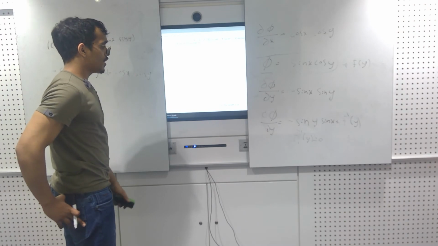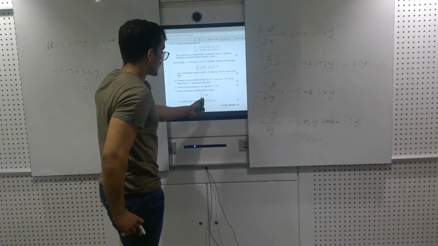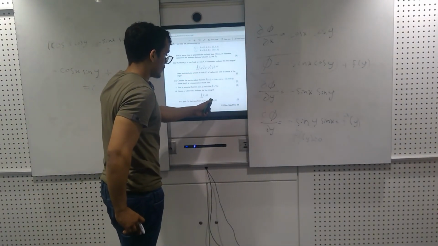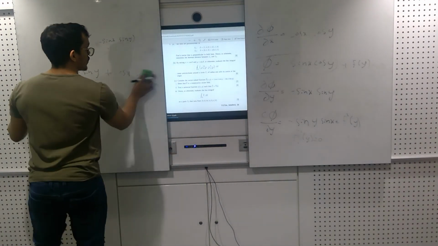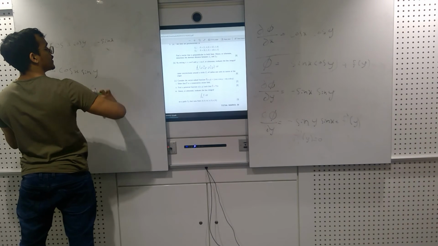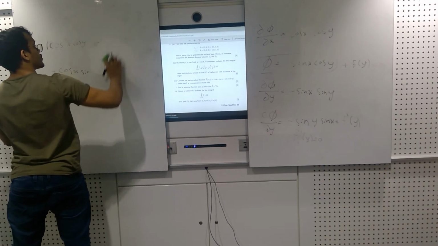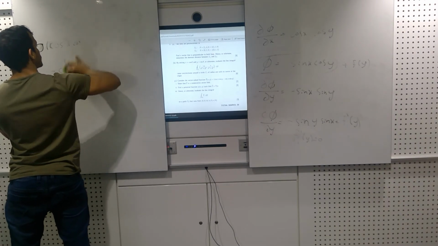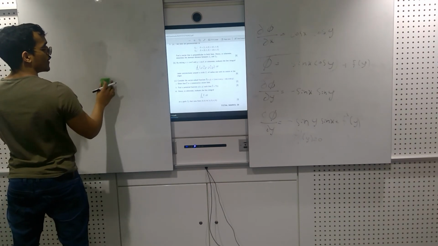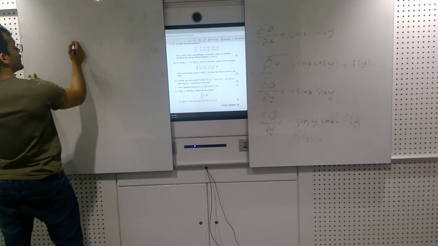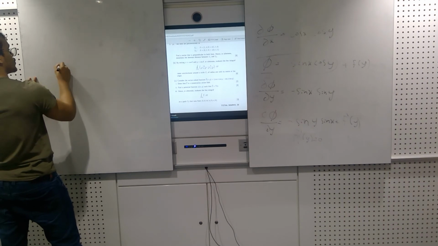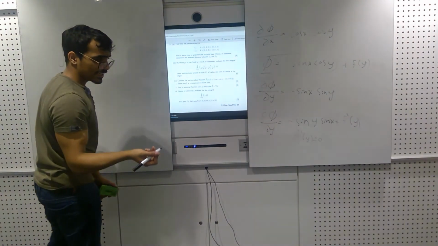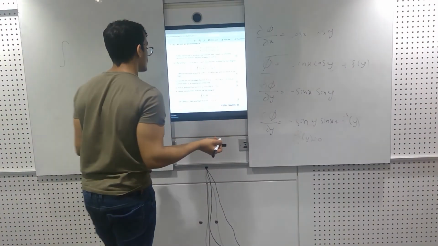So how can we evaluate it? That one from x equals 0 to pi over 4. If you have a line integral of a conservative field, it has a potential function. If it's a closed integral, then the integral will be equal to 0.